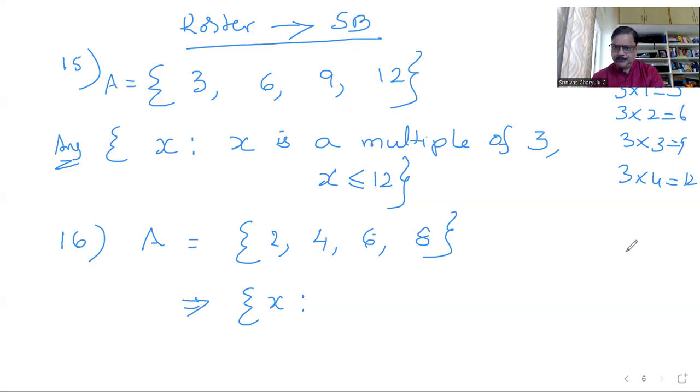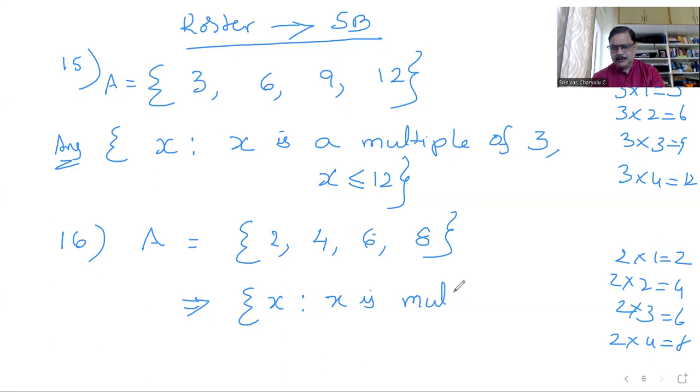Same like this. Correct or not? So multiple of 2 this is. x is a multiple of 2, but x is less than or equal to 8.